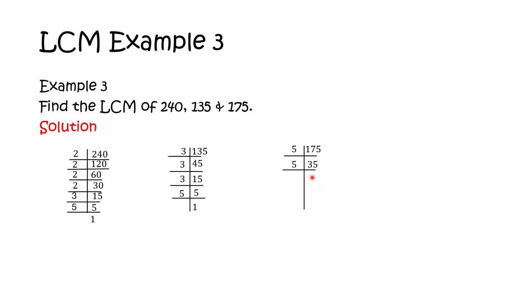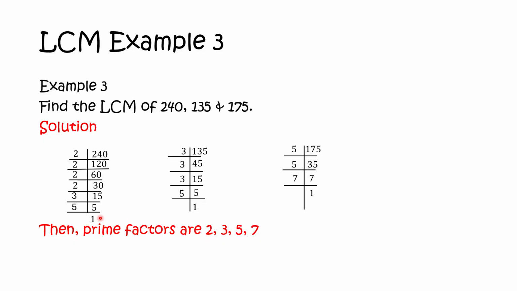We get 35. 35 divided by 5, we get 7. 7 divided by 7, 1. So we have our prime factors arranged in this manner. So now we identify the prime factors we have. Those are 2, 3, 5, and 7.